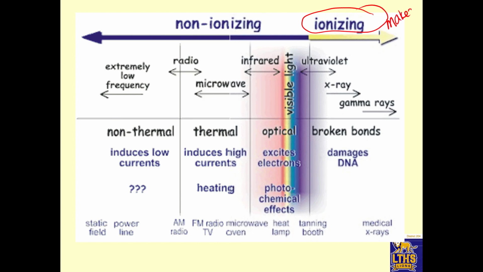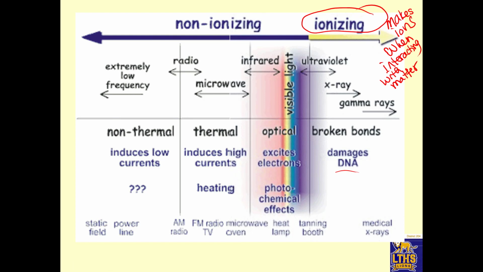It makes ions when interacting with matter. Because there's high frequency and high energy when there's more frequent waves, these waves have enough energy to knock electrons off of things. And so then you can get damaged DNA, you can break bonds with that ionizing energy.